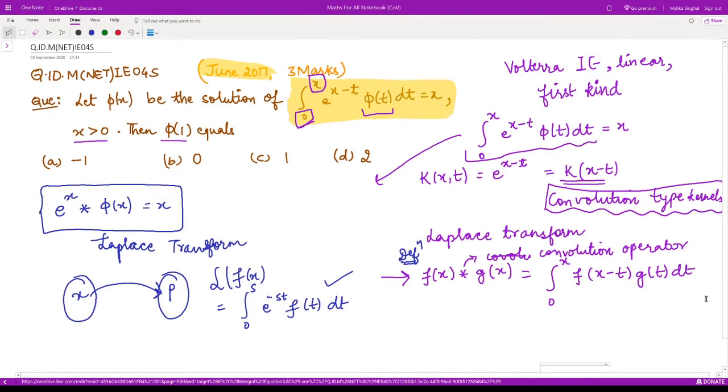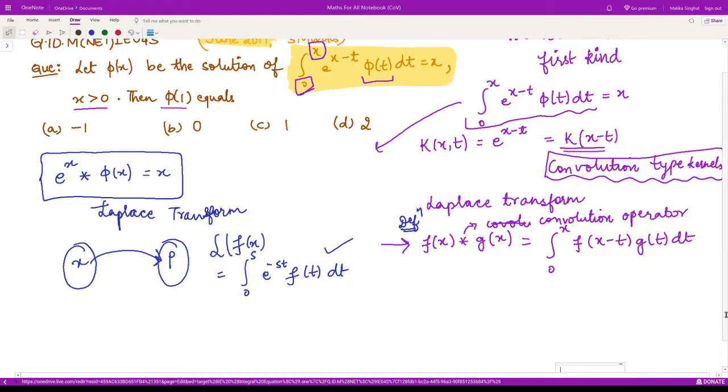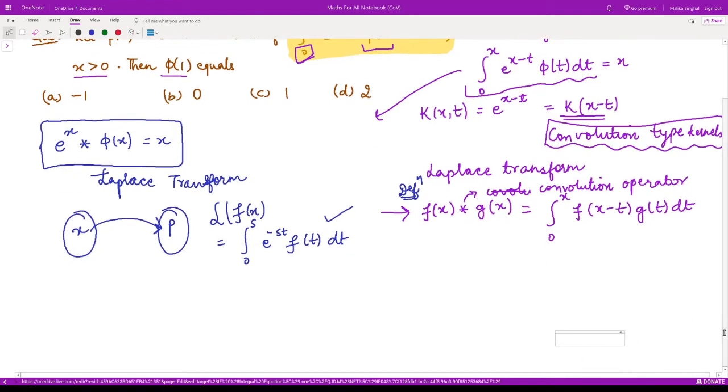So now let us apply this operator to see what we get. We have the Laplace transform of e to the power x convolved with phi of x is equal to the Laplace transform of x. Now we should know some formulas of the Laplace transform to solve this.